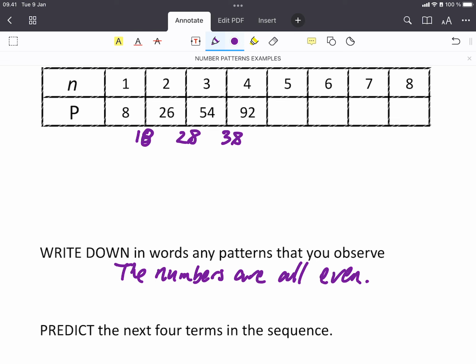Yeah, so you can see that the amount they're increasing by is increasing by 10 every time. So 10, 10, and so on.